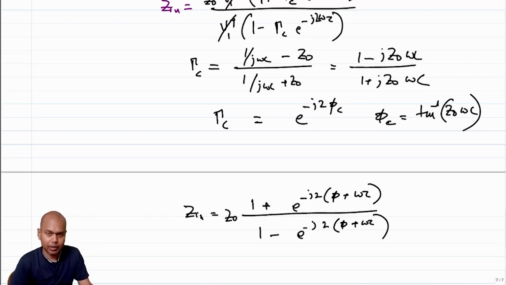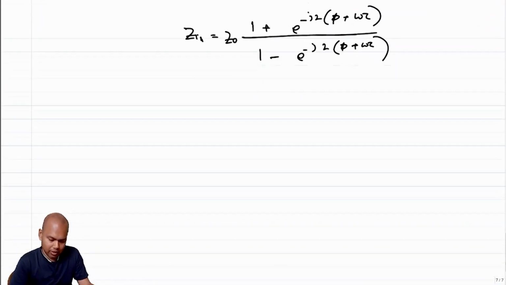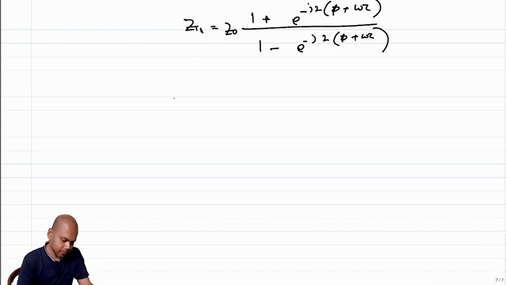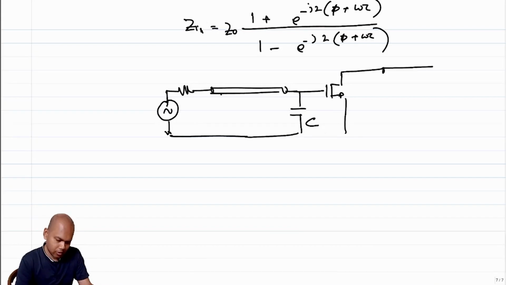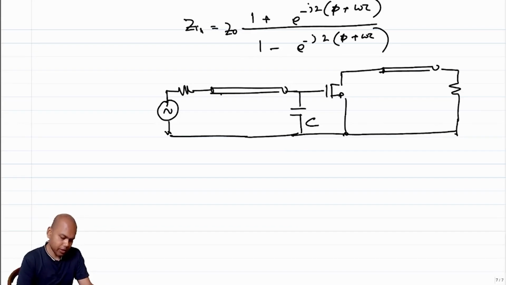But how do S parameters help us? If I want to characterize only the input impedance, what am I looking for?